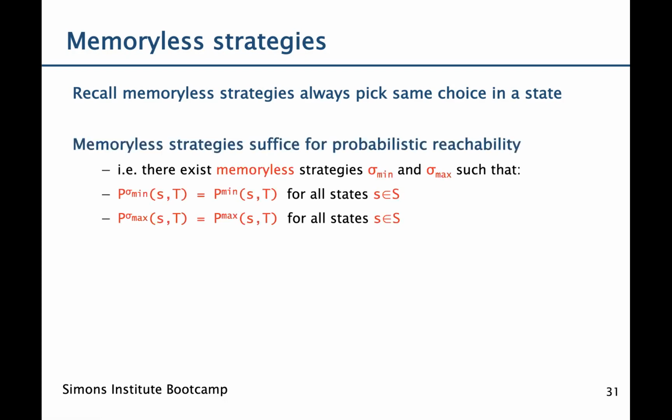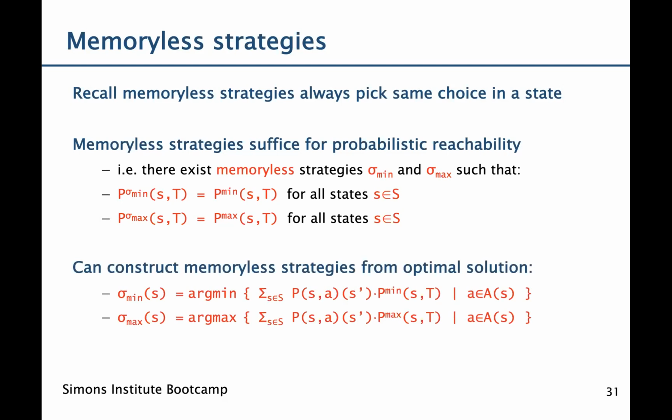To be more precise, what I mean by sufficient is that there do exist memoryless strategies that achieve both the minimum and the maximum probabilistic reachability values, and they can easily be constructed from the optimality equations.